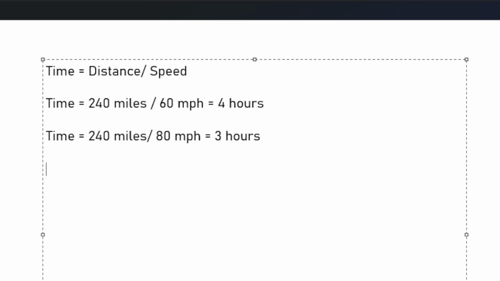Now we find the total time by adding both times together. Total time equals 4 hours plus 3 hours, equals 7 hours. So the total time for the round trip is 7 hours. And that is how you solve the distance, rate, and time problem.